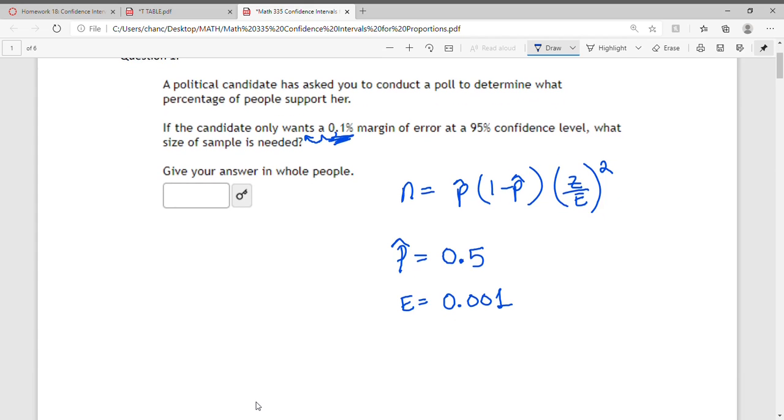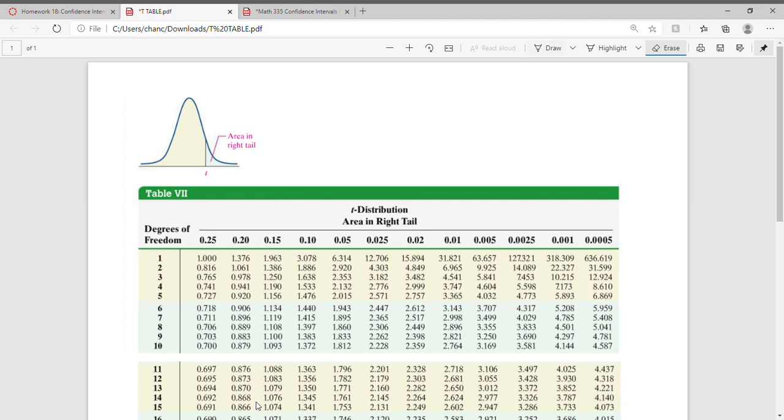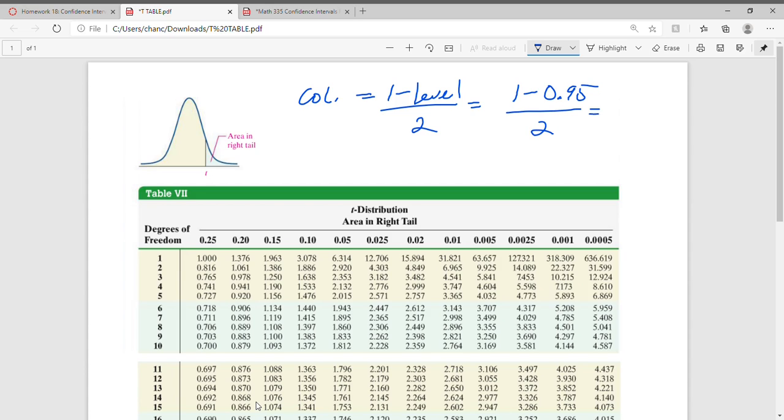Now all we need to do is find our Z. To find our Z, we'll use the t-table with our 95% level of confidence. Again, to find the column, we use 1 minus the level of confidence divided by 2. We have 1 minus 0.95, which is our level of confidence, divided by 2. And this is equivalent to 0.025.